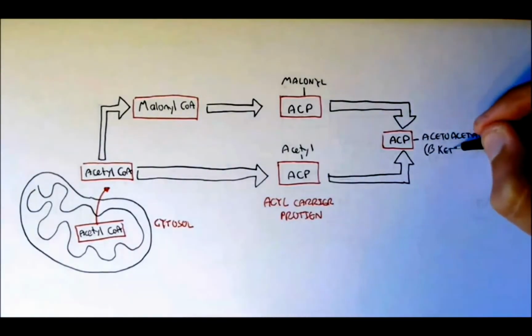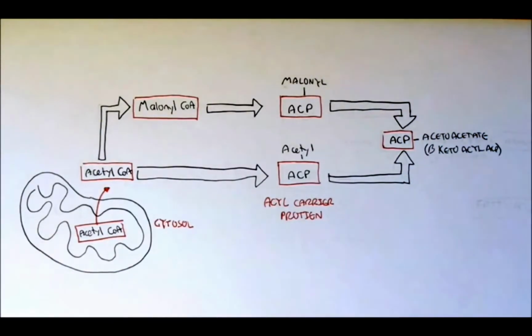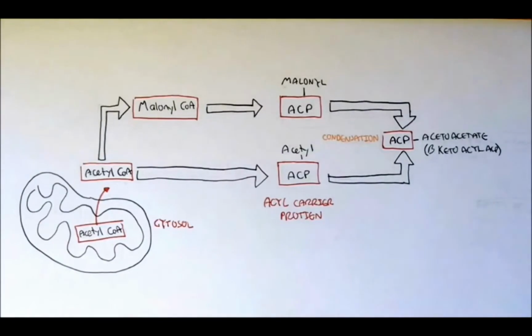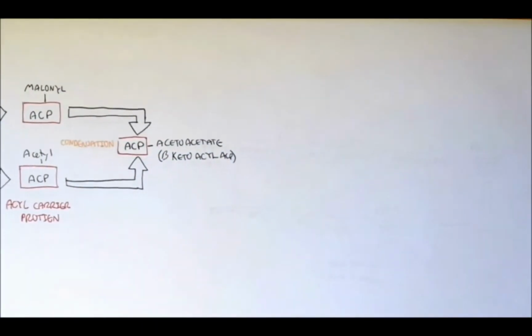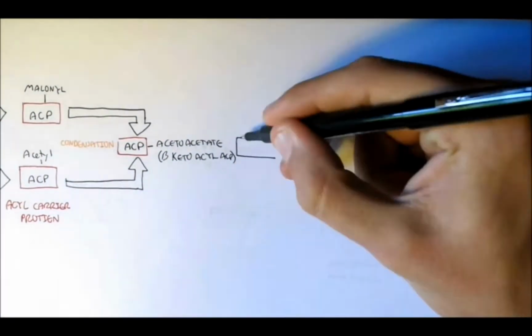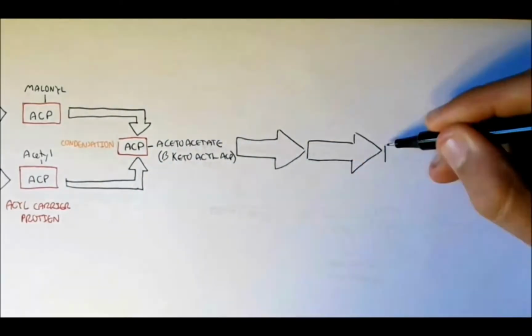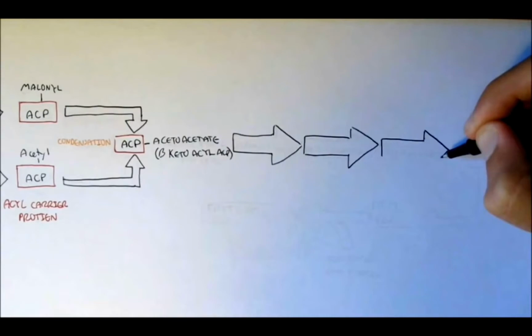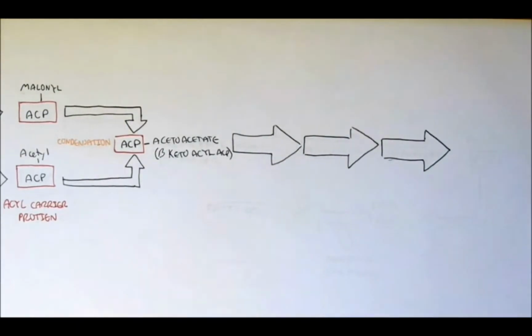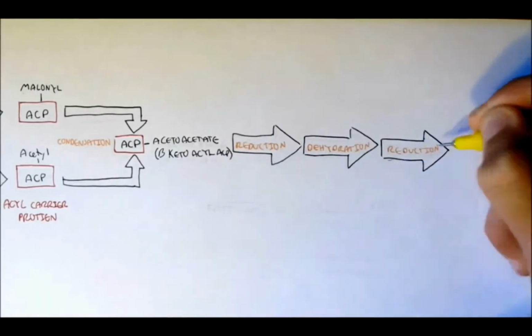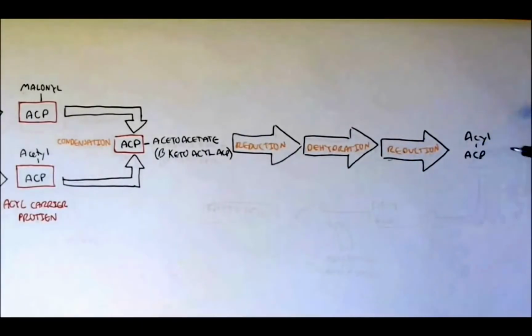It's acyl ACP, also known as beta-ketoacyl ACP, also known as beta-ketobutyryl ACP, and this is done through a condensation reaction. It's got many names, but anyways, beta-ketoacyl ACP then after condensation has three other reactions which we won't look into now, but it's reduction, then dehydration, then reduction again before forming acyl ACP.